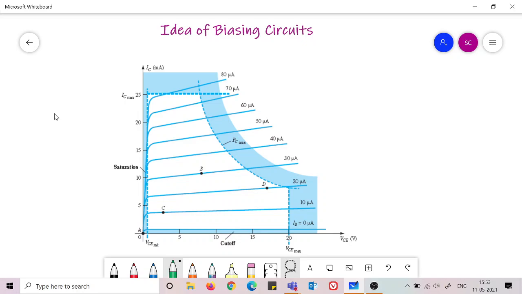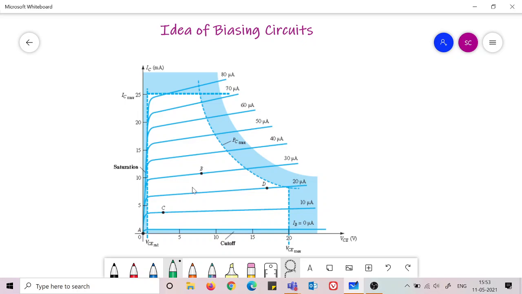The question is now how to bias or where to keep the Q point. That is the question. Where to keep the Q point. In case we are operating it in saturation and cutoff, we know where to keep the Q point. But in the case when we wish to keep it in the active region, we want to use it as an amplifier, then where to keep the Q point? Because there is a whole region, this whole white space you see here is the active region.